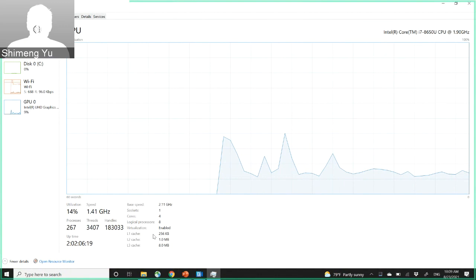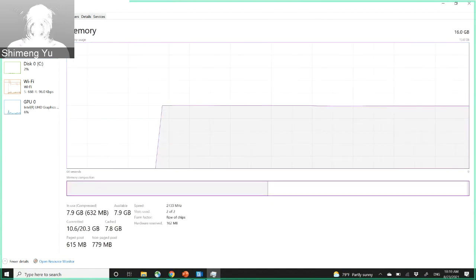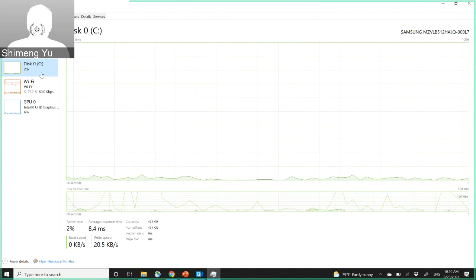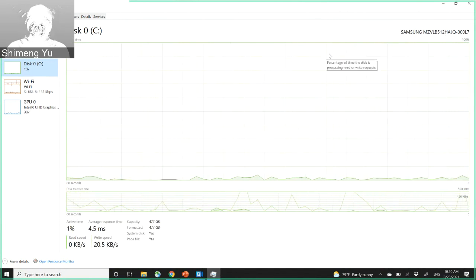This is on-chip memory, so that's why it's shown under the CPU. Here the memory really means the DRAM, the main memory of the system, and in my case I believe I have 16 gigabytes of DRAM. And then disk here really means the SSD. This is a Samsung SSD, and it's 512 gigabytes. So this is in my system.